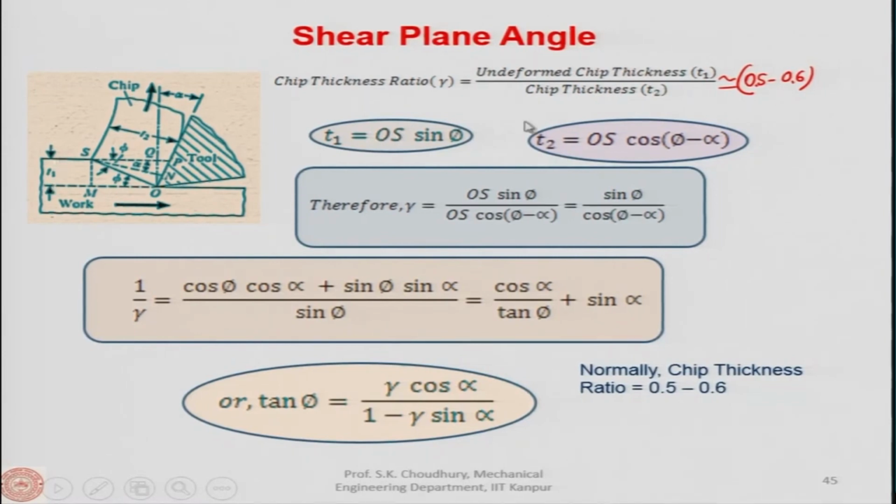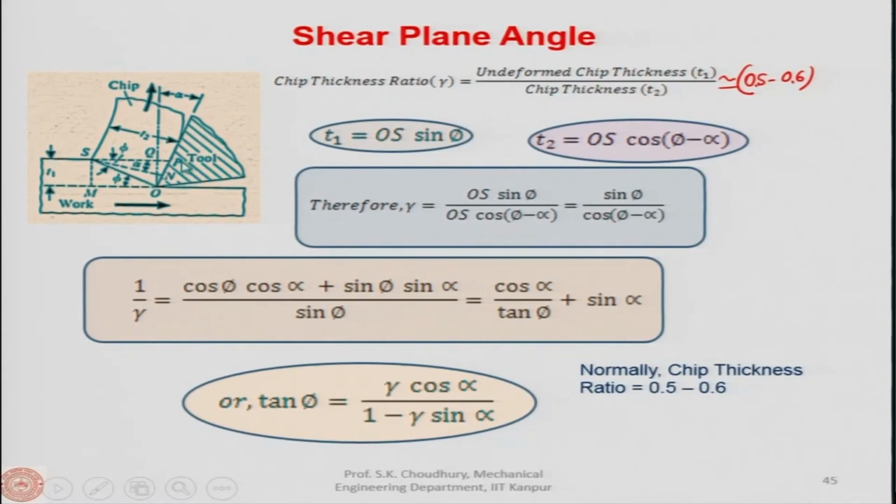That is the conclusion. So, from here T1 is equal to, from this triangle, let us say SN is the perpendicular to the rake face of the tool, and SP is the extension of this line.